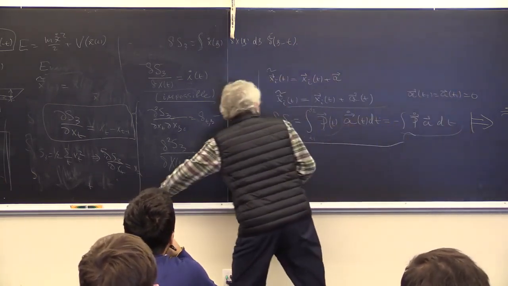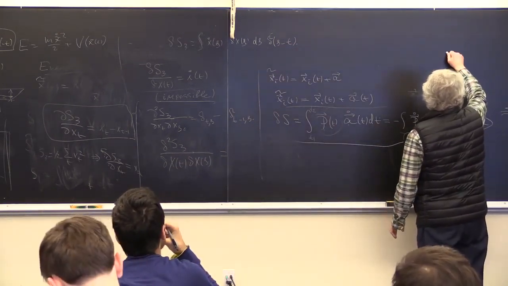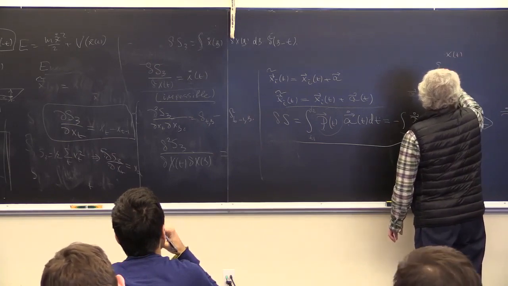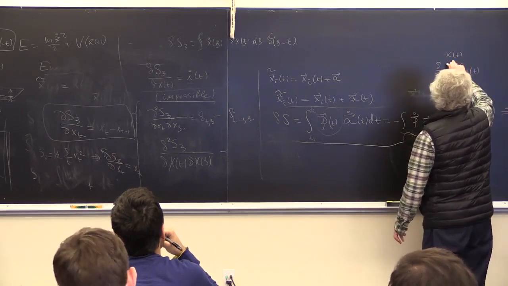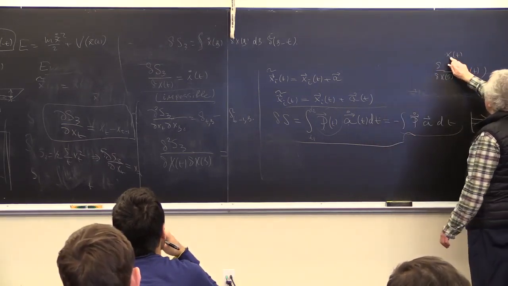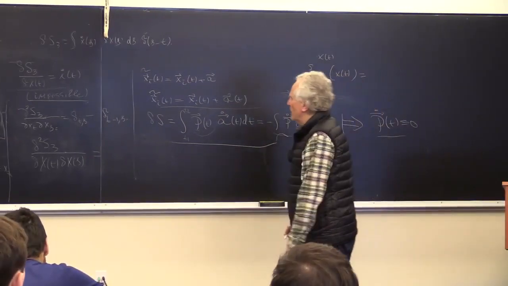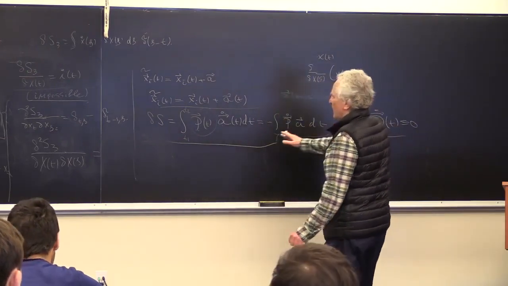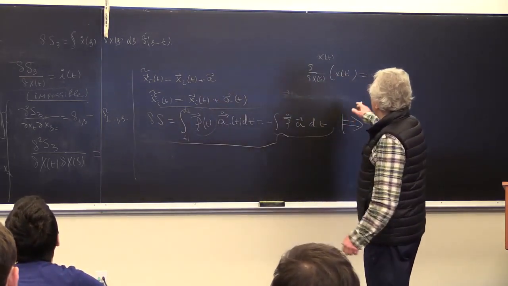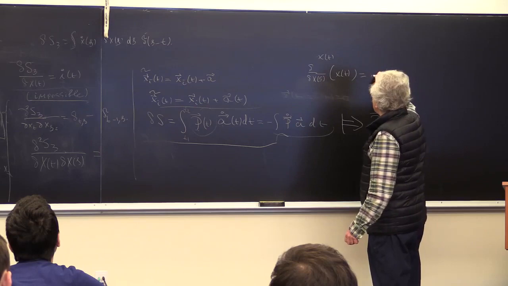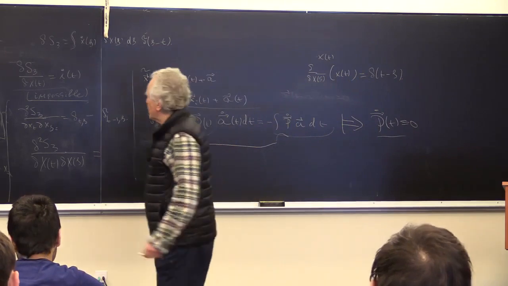So that's again our game with functionals. If it was simply x of t, our functional is the value of x at the moment t. What is this derivative? Well, it's just the delta function.